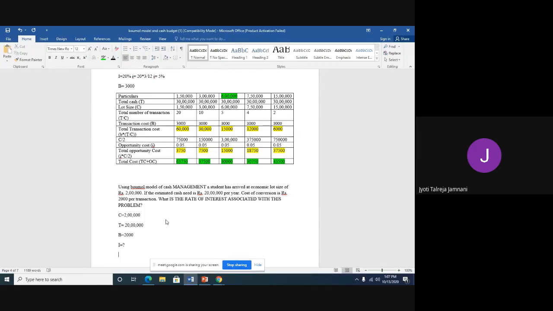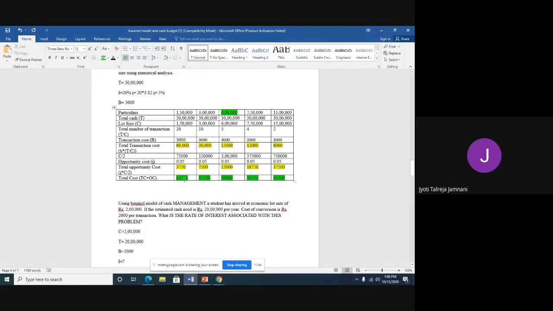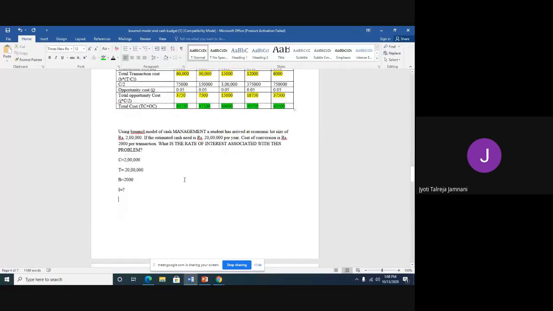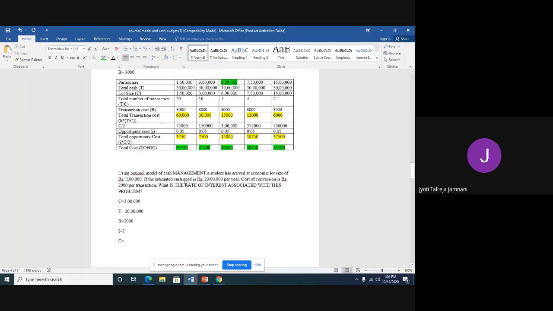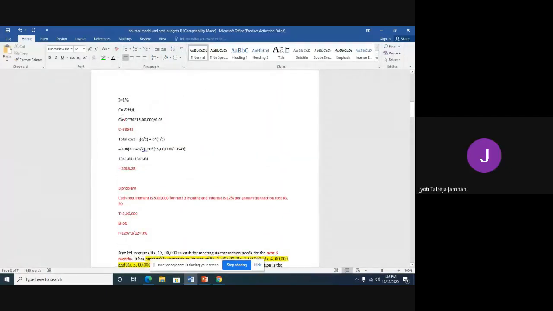It will go difficult. So we will use the formula method. And here nowhere they have told you to use the numerical analysis method or the tabular method. Whenever they tell to use tabular method, they will tell you prepare a table indicating using numerical analysis. Otherwise, you can solve it using formula. So what is the formula to find C, that is optimum cash balance? C is equals to square root 2 BT divided by I. So just take it from here.